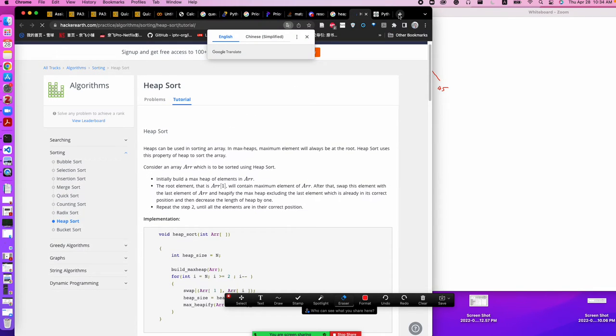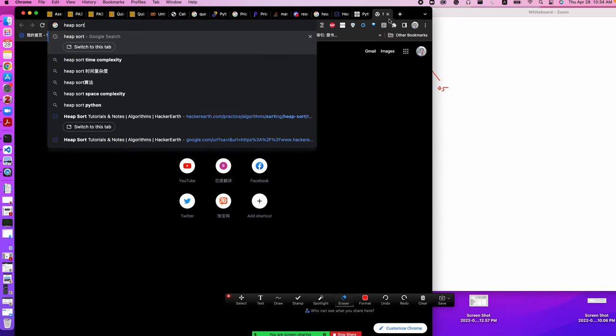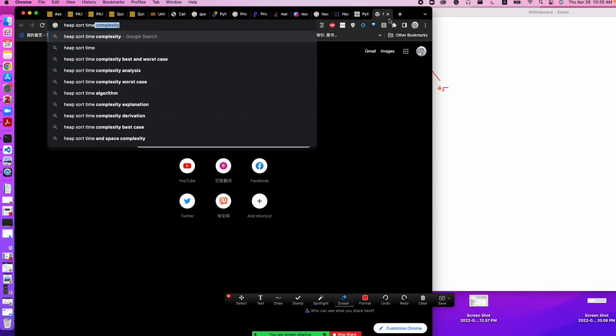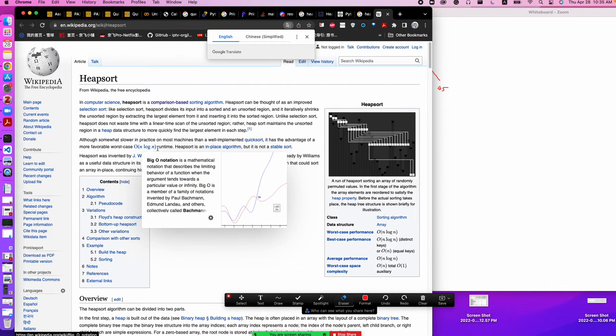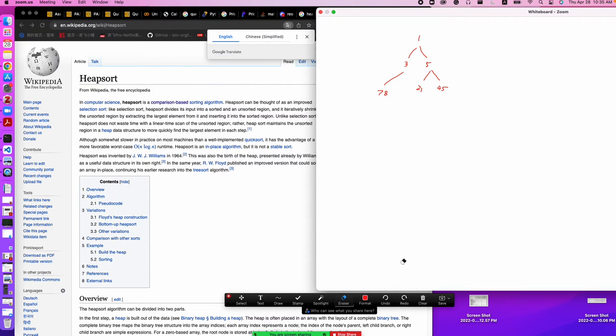So let me see. Well, let's just check the time complexity first. Yeah, so heap sort is kind of a quick sorting algorithm. It's n log n. So heap sort is n log n.